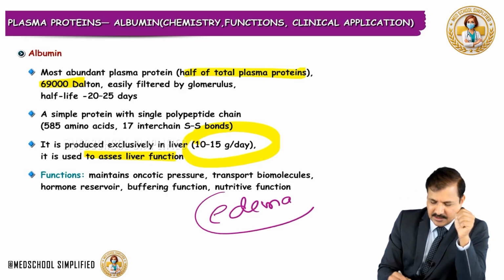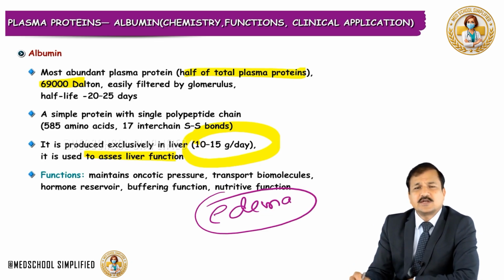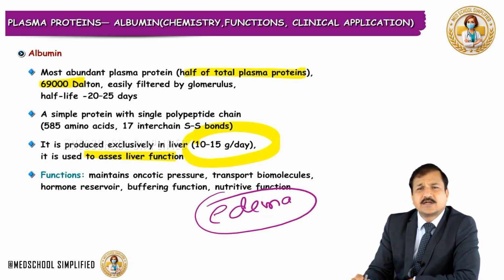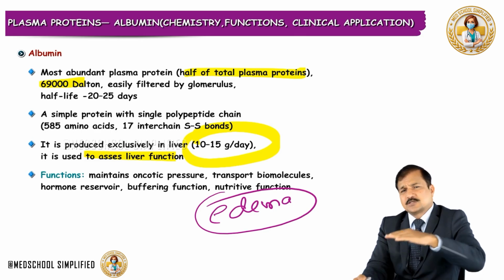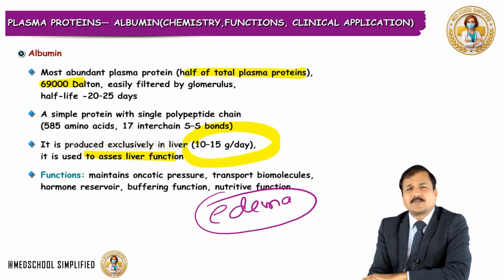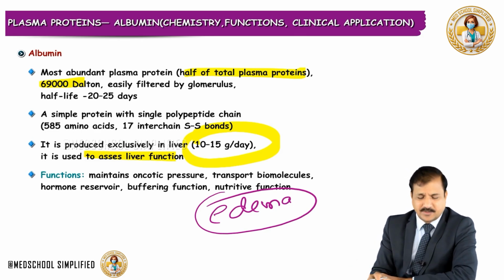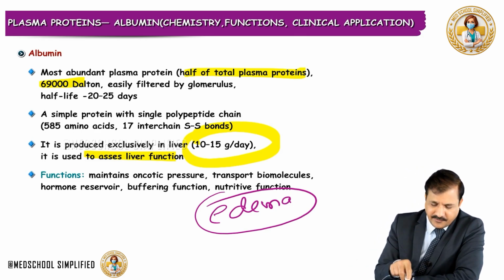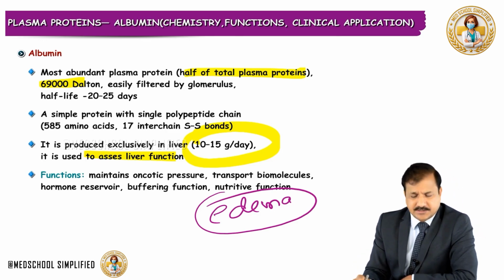Edema is nothing but an accumulation of water in the extracellular matrix, especially in the dependent part. Dependent part means when a person is standing, the foot and ankles are the dependent part. That's one of the functions of albumin, to maintain normal oncotic pressure.